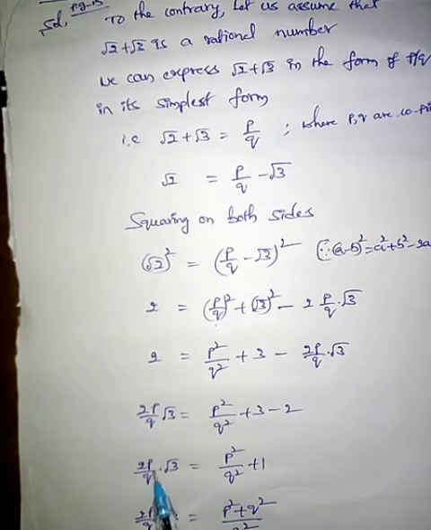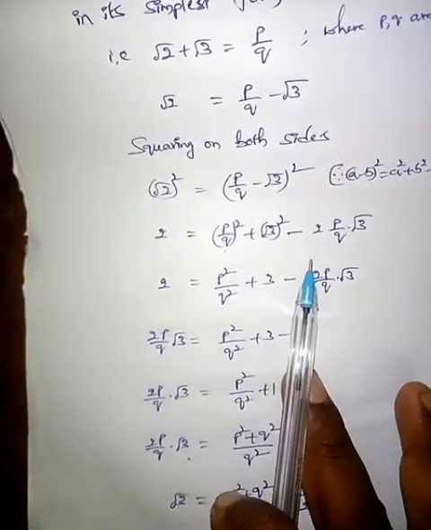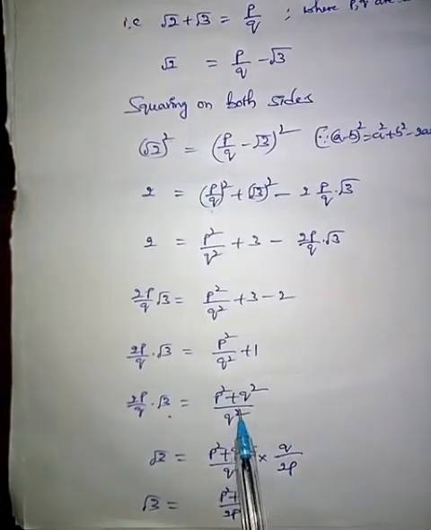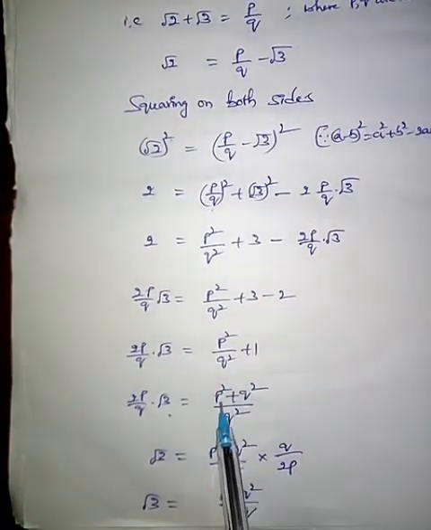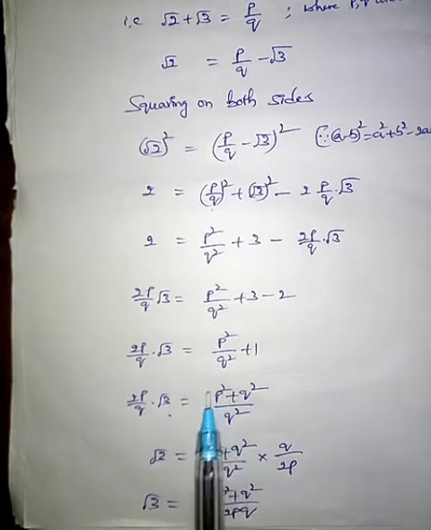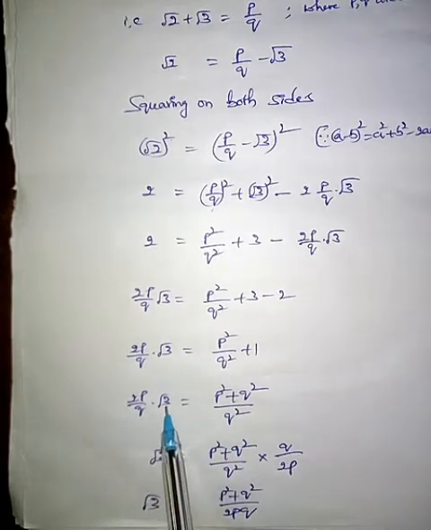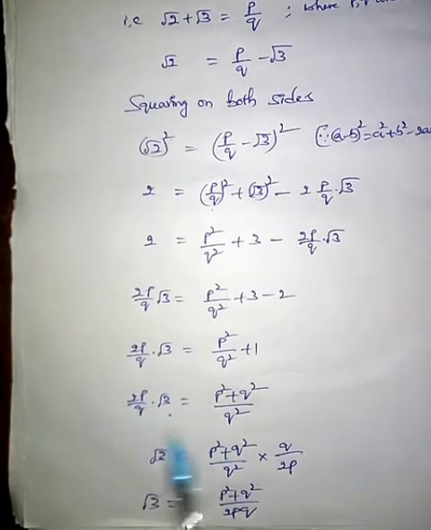So next, write the 2p by q into root 3 as it is. Do the LCM here. Here LCM is q square, that's why you will get p square plus q square by q square. So transpose the values other than root values. Here we have root 3, so transpose the 2p by q from LHS to RHS.